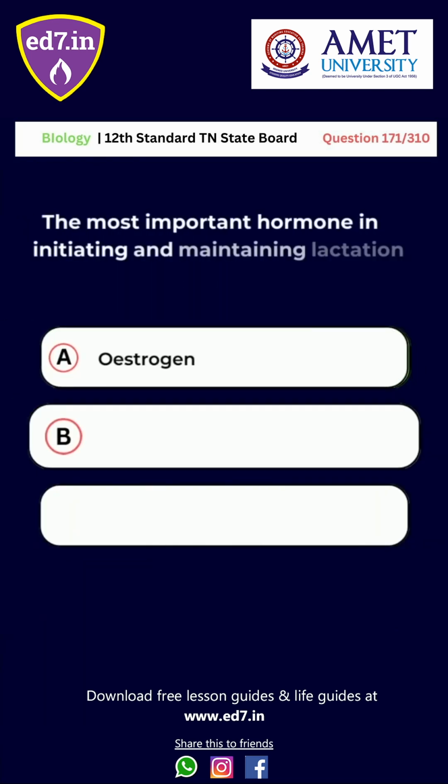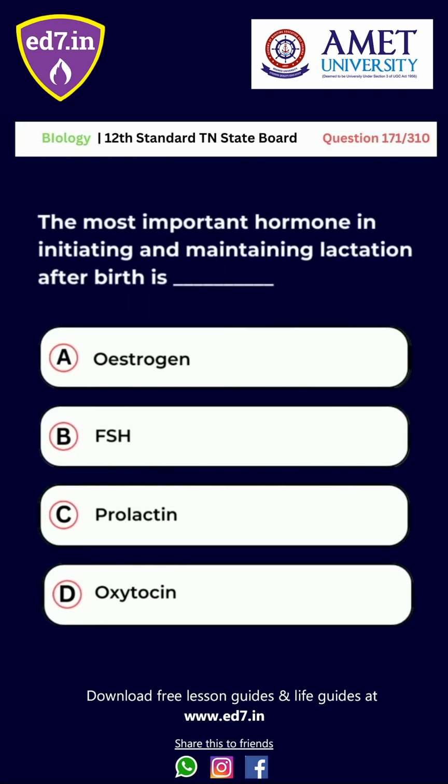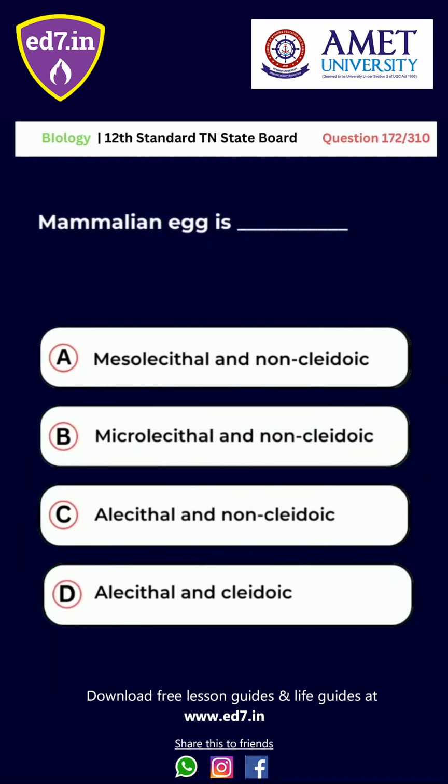Allantois. Question number 171. The most important hormone in initiating and maintaining lactation after birth is A. Estrogen. B. FSH. C. Prolactin. D. Oxytocin. And the right answer for this question is option C. Prolactin. Question number 172.